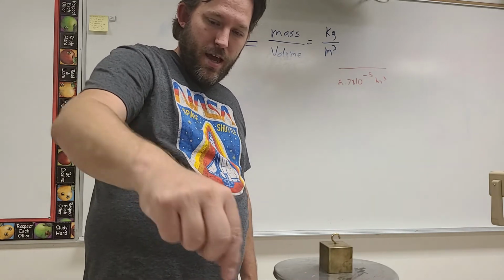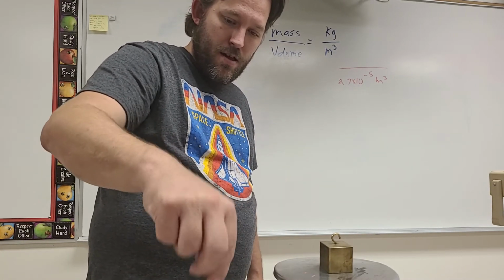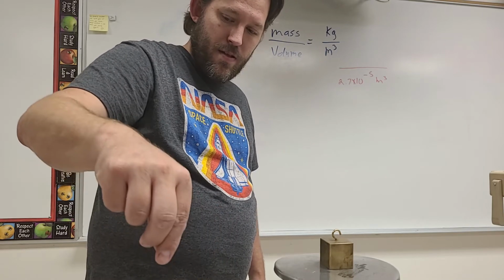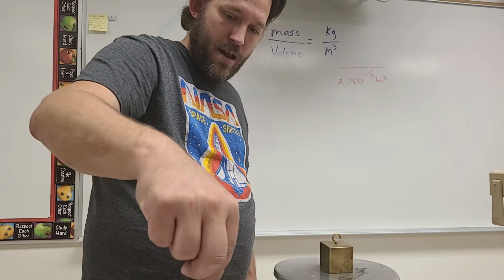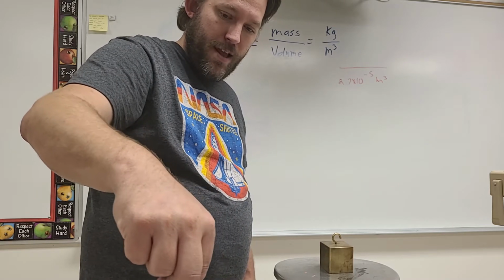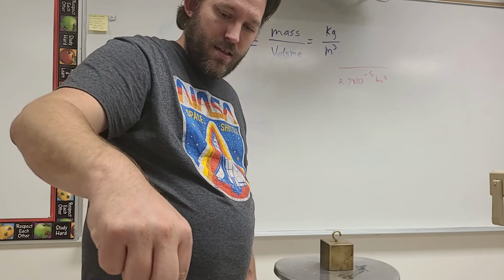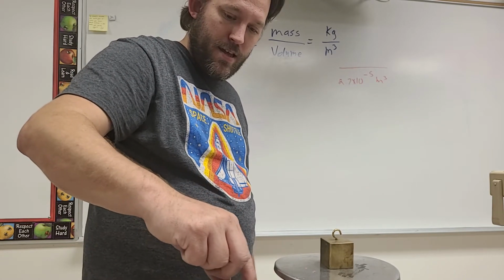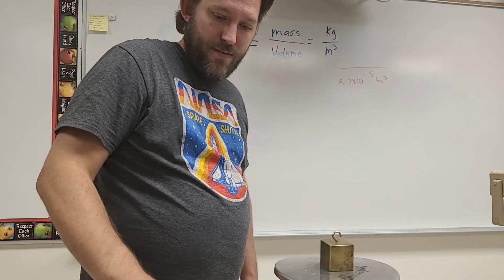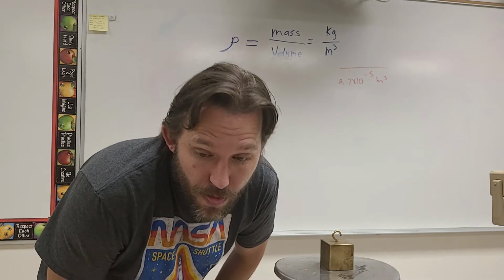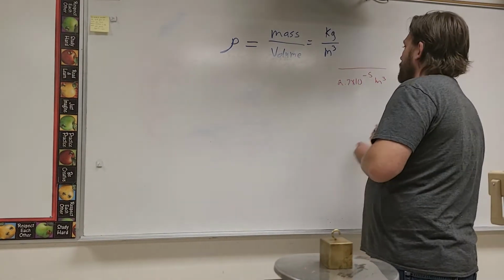Okay, it's more than 100, more than 200, less than 300. 250, 70, so less than 270, 271. I'm just going to estimate because I don't feel like that's super accurate.